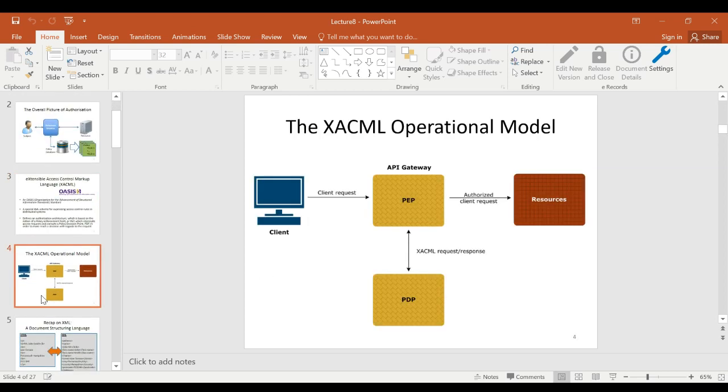So moving forward, we see here the architecture in a diagram, an XACML architecture. You have the client or the subject who would like to access a certain resource. They send a request, and that request is intercepted by the policy enforcement point, so that it can be evaluated against the organization's policies, whether that request is legal or illegal.